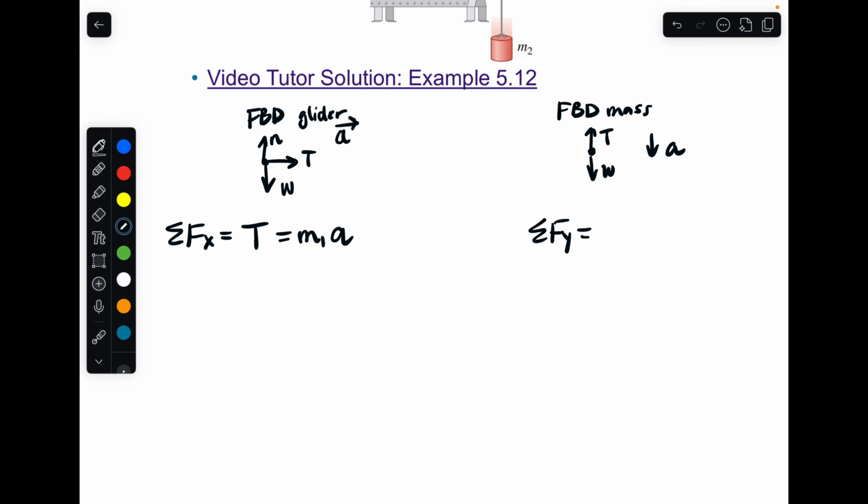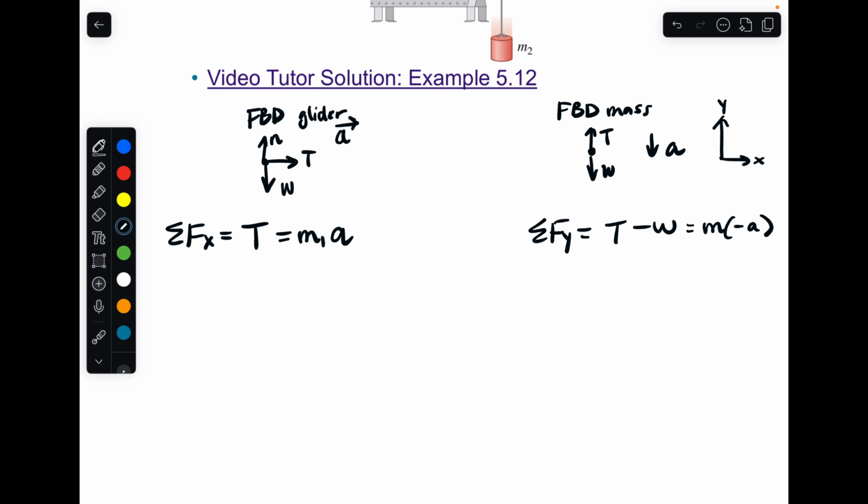We add up all the forces in the y, and if we decide to make upward positive, then the tension would be positive, the weight would be negative, and then the mass times the acceleration. Now look at the acceleration direction. It's pointing down, so that would need to be a negative acceleration here.